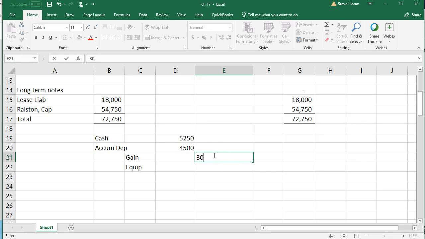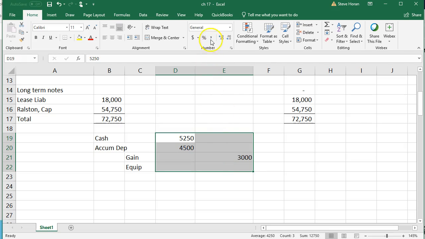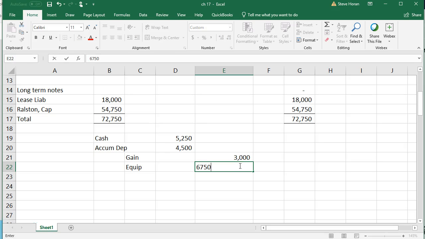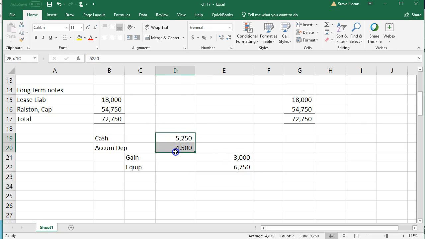It told us the gain was $3,000, so that means we have to figure out what the cost of the equipment was. Well, they never really told us. We have to figure it out, and it has to be $6,750 for this entry to balance. So that's the key: I've got a debit here of $9,750, a credit of $3,000, and then I have to make an additional credit of $6,750 in order for this to balance.